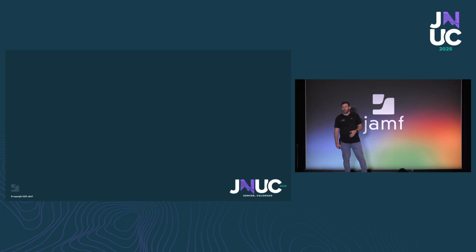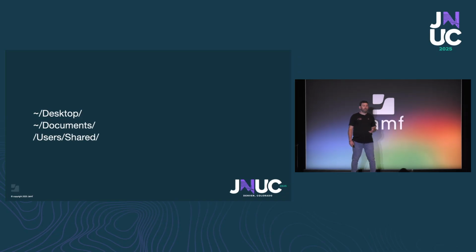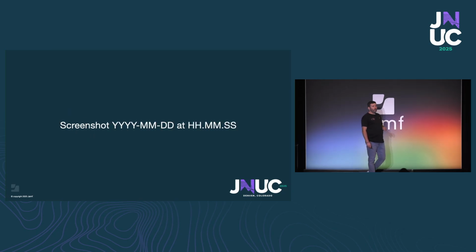We can add more file paths into the script. That's not a problem. We can always add more because we've got the desktop already. What about if we added documents? Because that might be a place they're putting them, or user shared. We can keep on going. That kind of solves it. But what about if the user changes the file format or the file naming convention? What if it's no longer screenshot, year, month, day? We were looking for screenshot and then whatever. What if they change it?